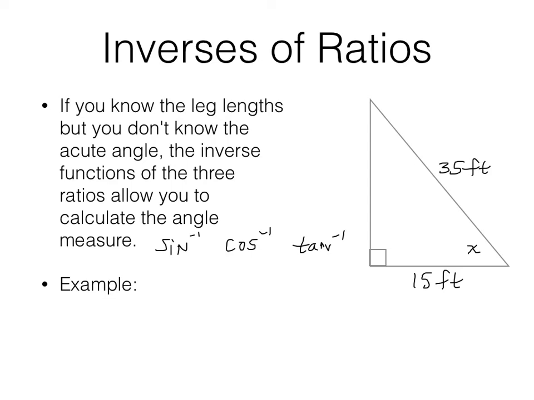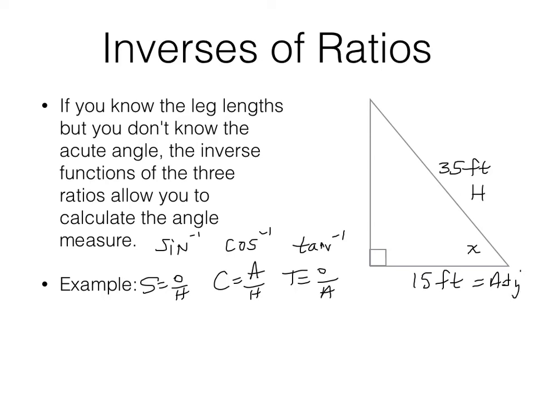Okay? So here we have a situation where we have a triangle. We know this side length is 15 feet. This side length is 35 feet. We want to know this angle. So remember, sine is opposite over hypotenuse, cosine is adjacent over hypotenuse, tangent is opposite over adjacent, and we have an adjacent side length to that angle, right?